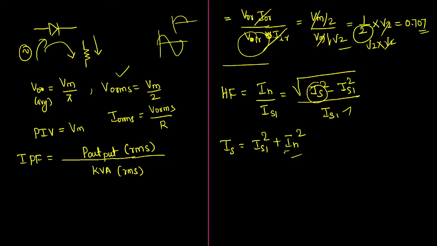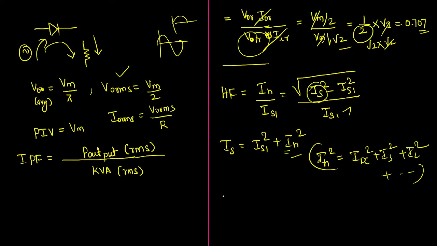All those currents will be merged here and considered as harmonic current only. So that will be simply written as IH square. This is the general formula to express the value of harmonic factor.